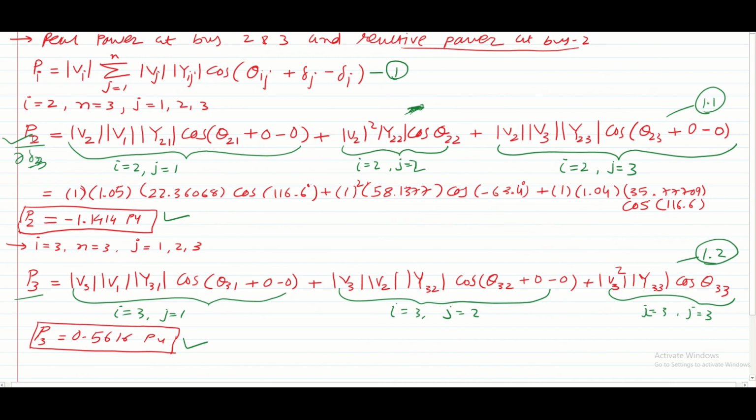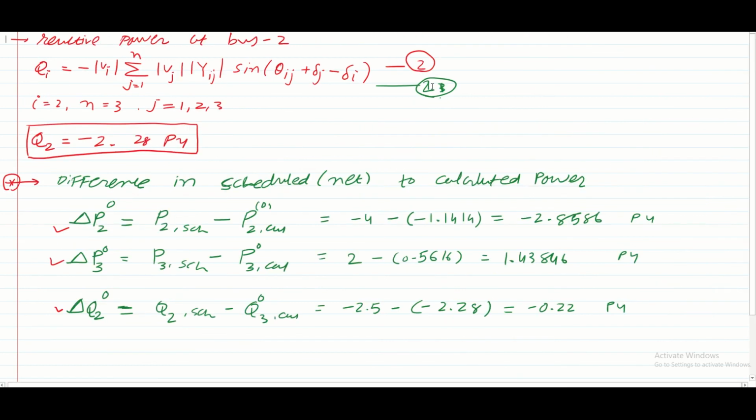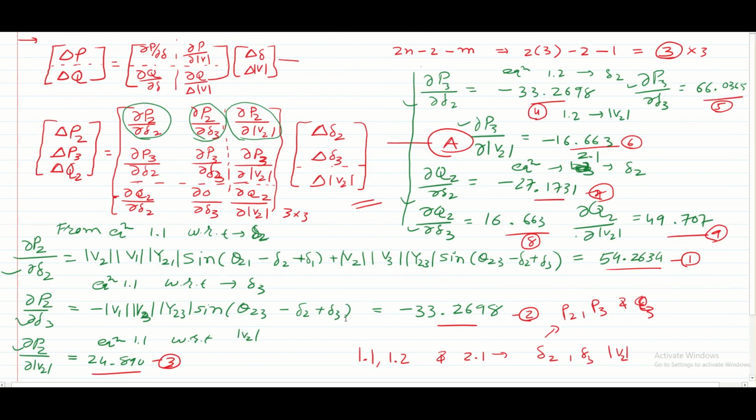That means for P2, P3, that means equations 1.1, 1.2 and 2.1. So we just need to calculate each and every parameter from equations 1.1, 1.2 and 2.1.